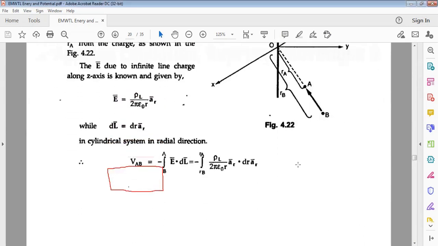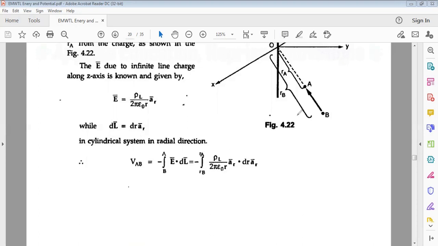in the potential V is equal to minus integral B to A E bar dot dL. What is the E in the infinite line charge here? Rho L by 2 pi epsilon naught R, A R bar, dot dL bar which is dR into A R bar. A R bar dot A R bar is equal to 1.